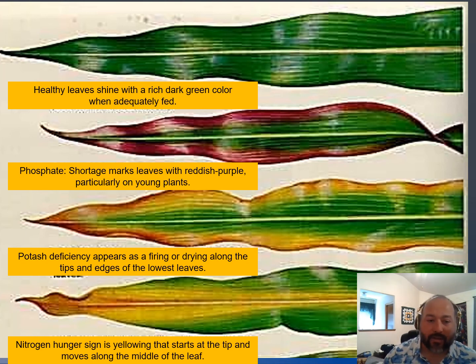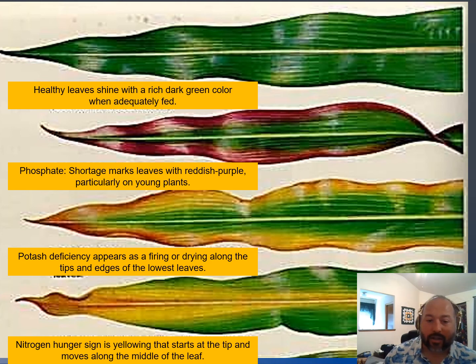If we've got a phosphate shortage, it's going to be reddish purple, particularly on young plants. If we have a potassium or potash deficiency, it's going to be firing or drying along the tips and edges of the lowest leaves. And if it's a nitrogen deficiency, yellowing starting at the tip and then moving along the middle of the leaf.